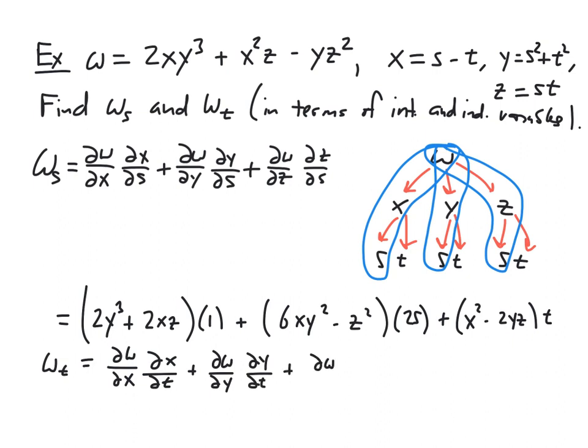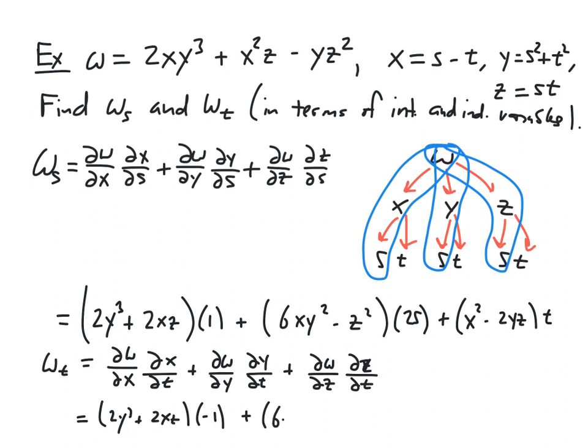And so the nice thing about this is that we've already computed 3 of the derivatives that we need. All the derivatives of w are the same. So we're going to get 2y cubed plus 2xz multiplied by del x del t, which is -1.